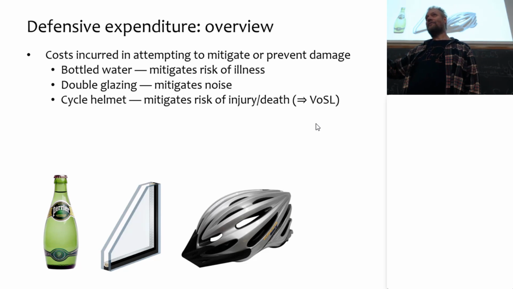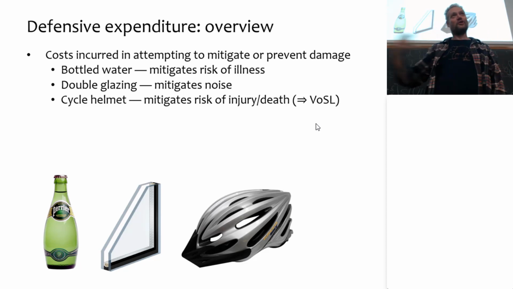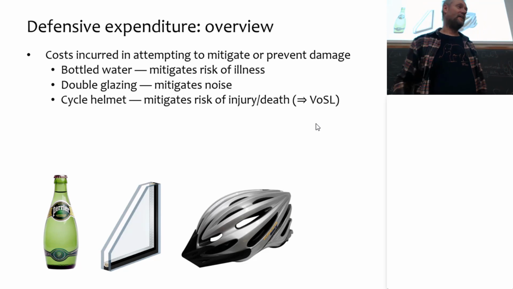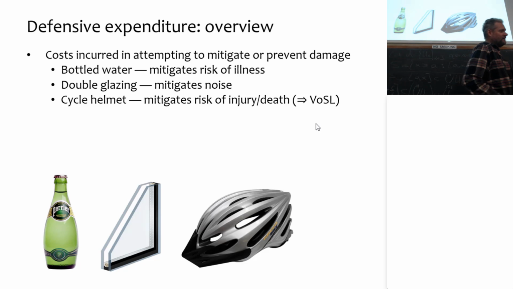That doesn't work. What matters there is what the people who buy this think the probability of avoiding an illness is. Not the objective probability, but the subjective probability. So this may sound easy, but it is in fact a bit more complicated.